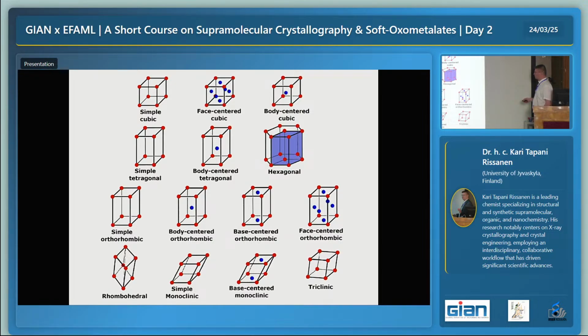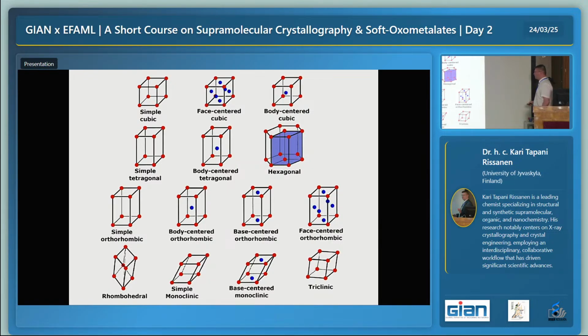No, it's a half, half, half. And then we can also add another version where we have it on the base, typically a C. Or we can have it added in all the faces. So we have in the orthorhombic case 1, 2, 3, 4 possible variations of the orthorhombic unit cell.